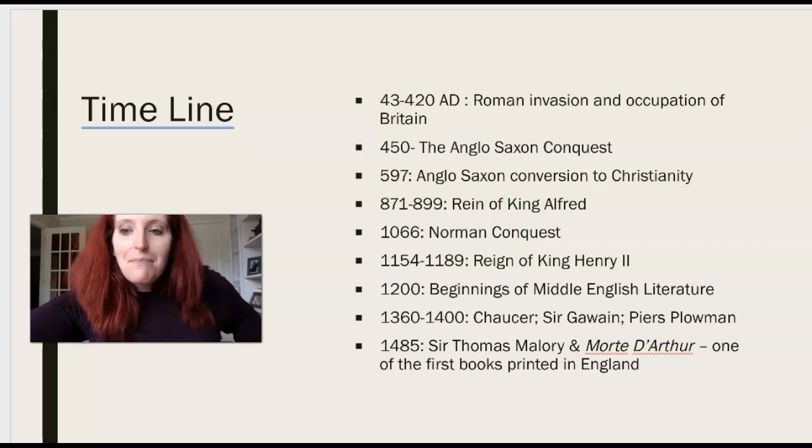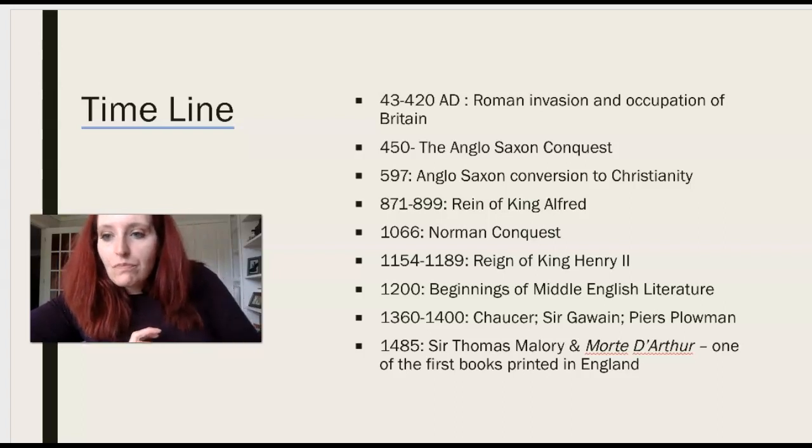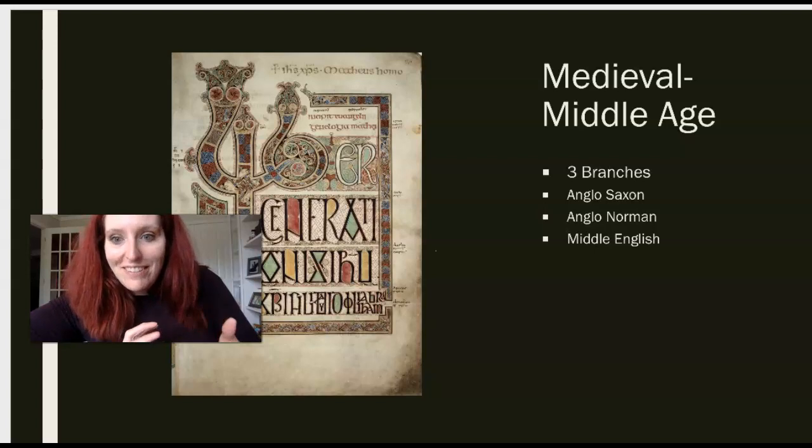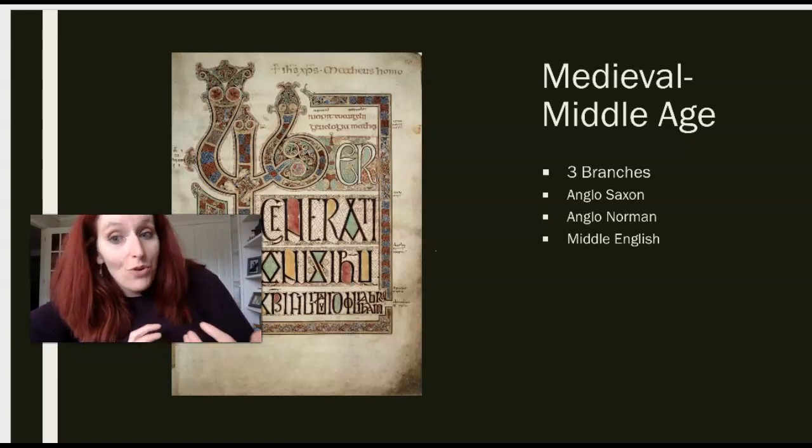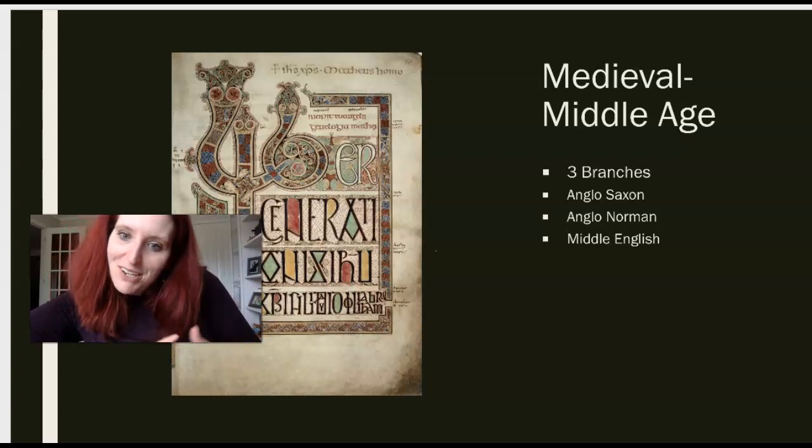So, anywho, the medieval period stems from the Latin phrase for middle and age. So the Middle Ages can be broken down into three branches. There's the Anglo-Saxon period, which is what we're going to be covering this week. There's the Anglo-Norman period, which we're going to be talking about next week.